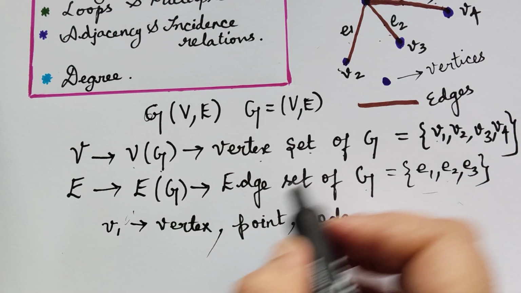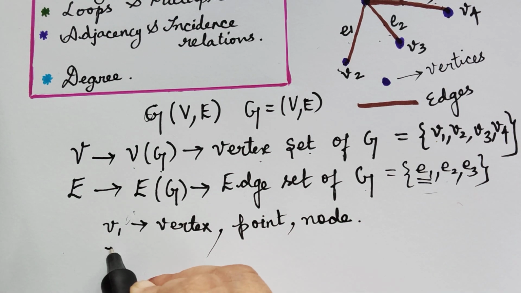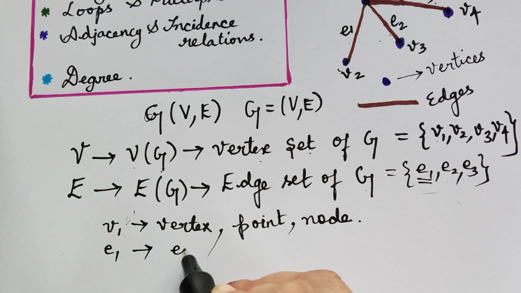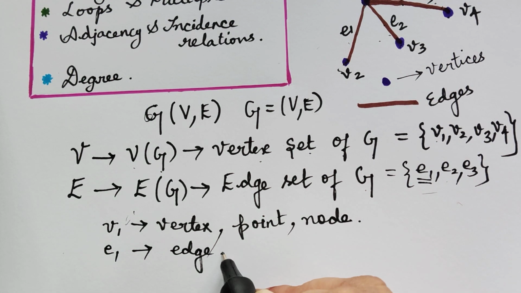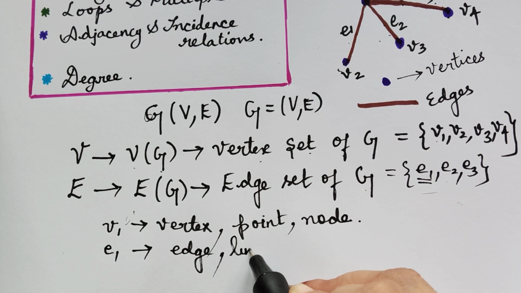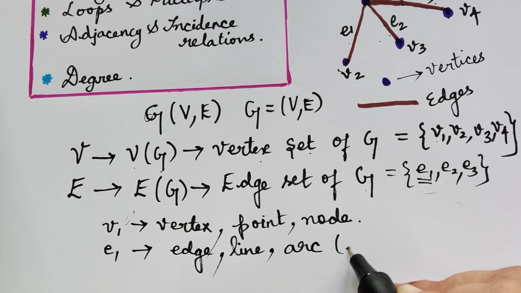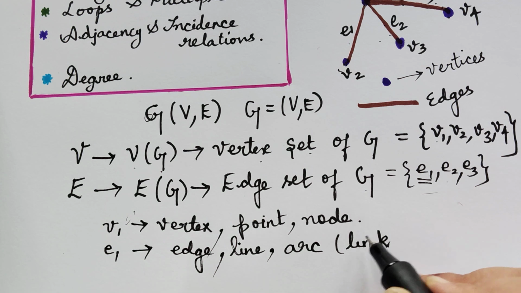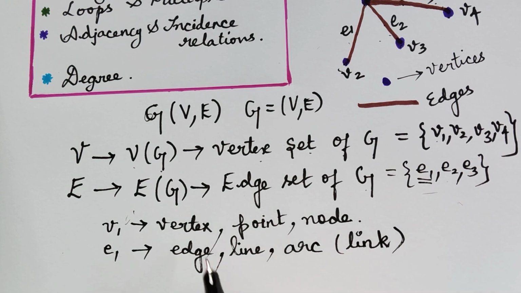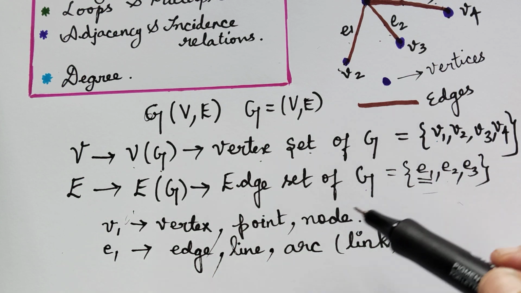And what about the edge? If I consider one of the edges, E1 for example, it is an edge, and it can also be called a line or an arc. And since it links, we can call it a link also. These are the different ways of calling the vertices and edges of a graph.